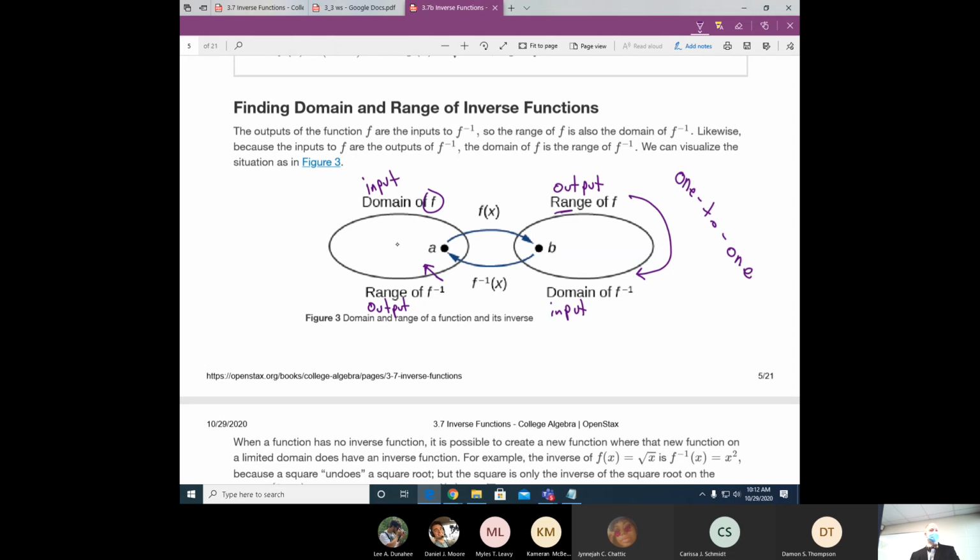One-to-one has to be true before I can even worry about range and domain. And that's why we have some simple checks. Is a function one-to-one? Does its mirror give me a function back? If I do the mirror image, or the horizontal line check, or the vertical line check, that's the one-to-oneness going both directions.